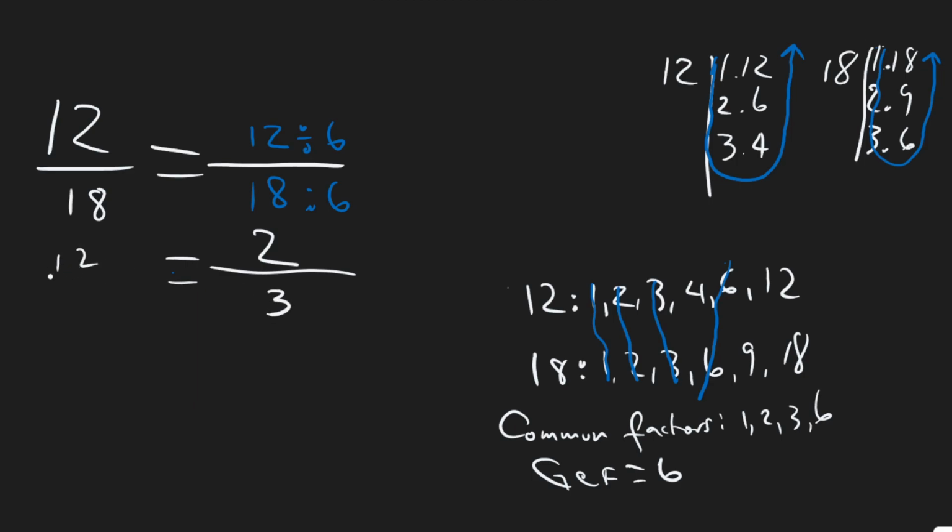So 12 over 18 is equal to 2 over 3. So you have used GCF to simplify the fraction 12 over 18, and the equivalent fraction is 2 over 3.